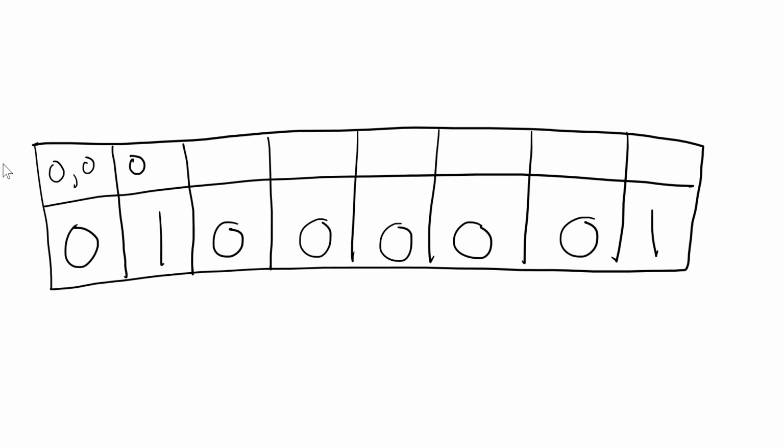So x of 0, y of 0 will hold this first bit. X of 1, y of 0 will hold the second bit.